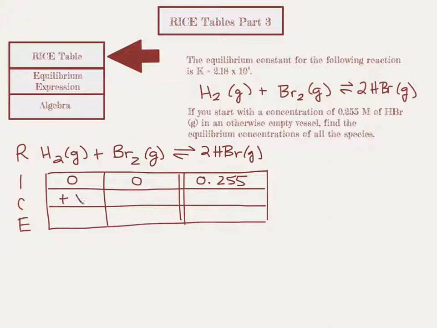I'm going to be adding my reactants in 1:1 ratios, but I have this pesky 2 here indicating that I'm going to be losing 2 times as much from my product side. Okay, now I'm going to add up the initial and the change columns to get my equilibrium columns: 0.255 minus 2x, x, and x.